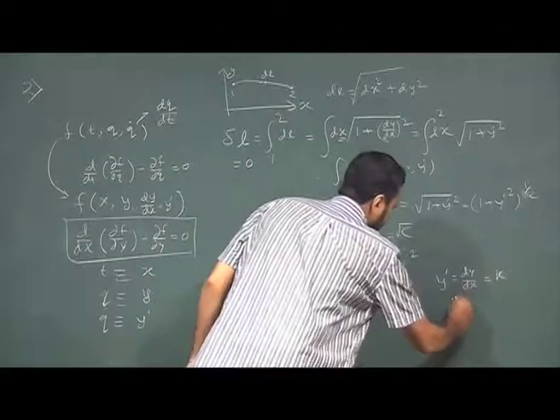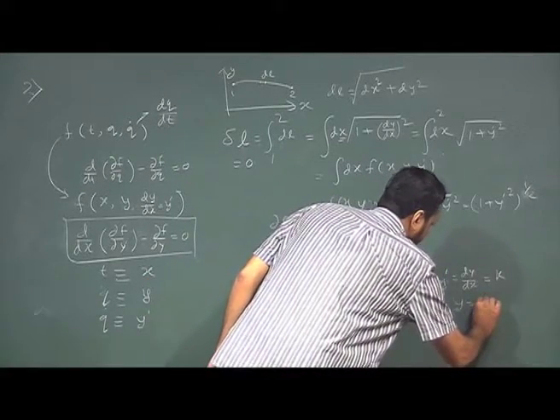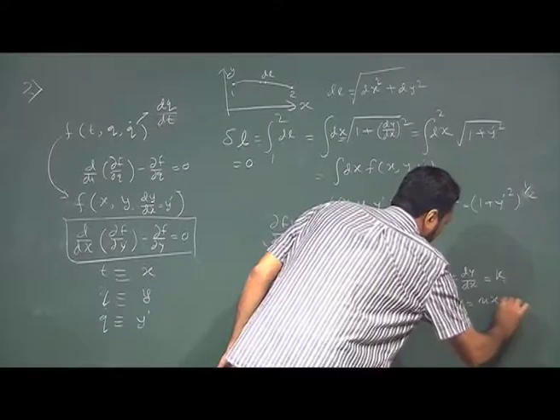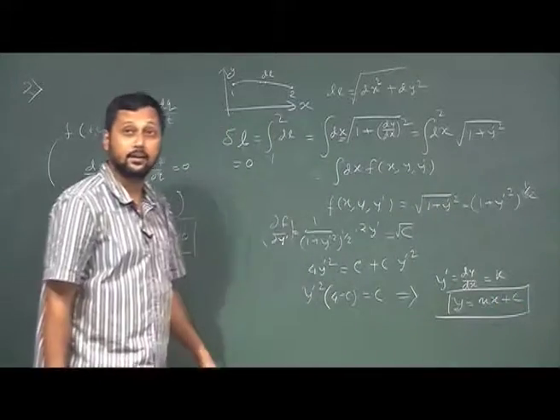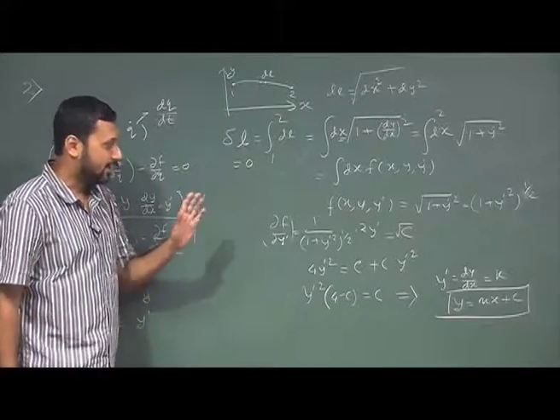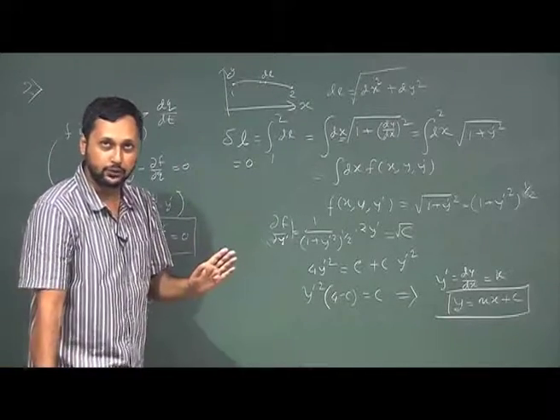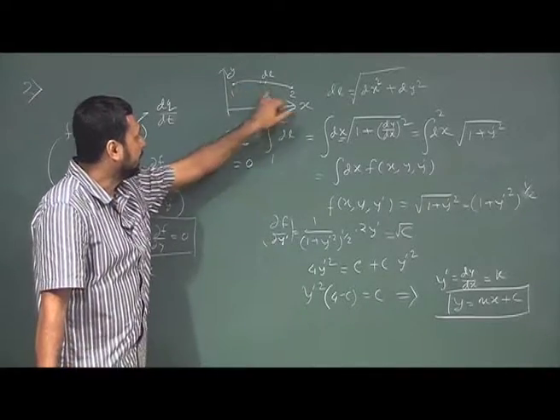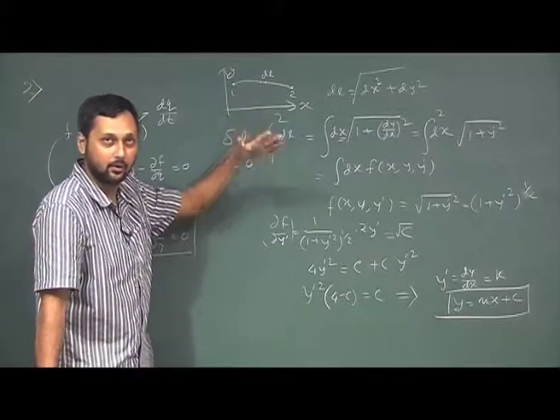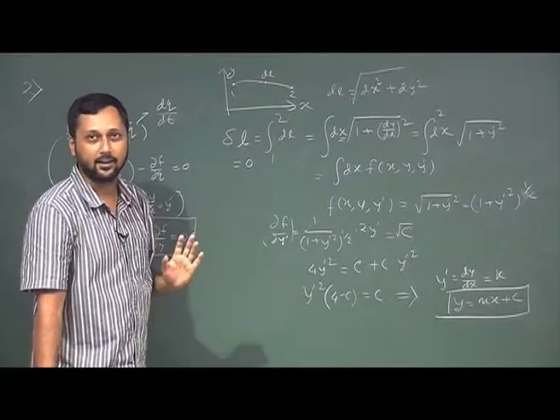So, if I integrate this, we get the familiar form y equal to mx plus c, and this will be the equation of a straight line, right. And now, we have formally proved using variation calculus that the shortest distance between 2 points on an Euclidean plane is a straight line.